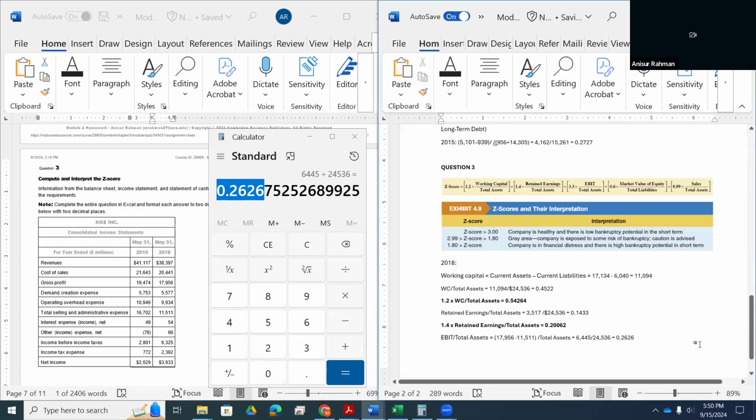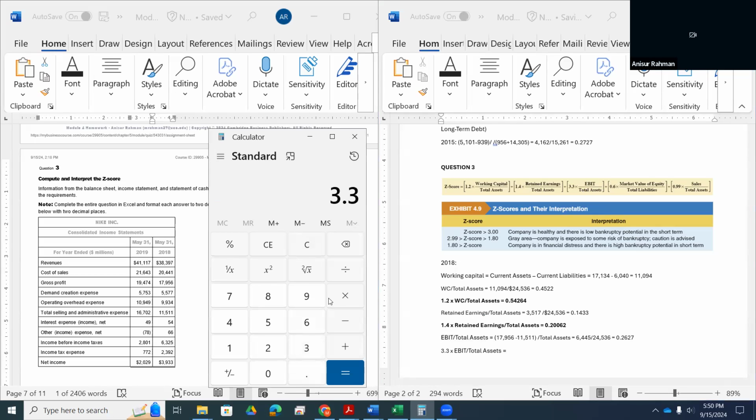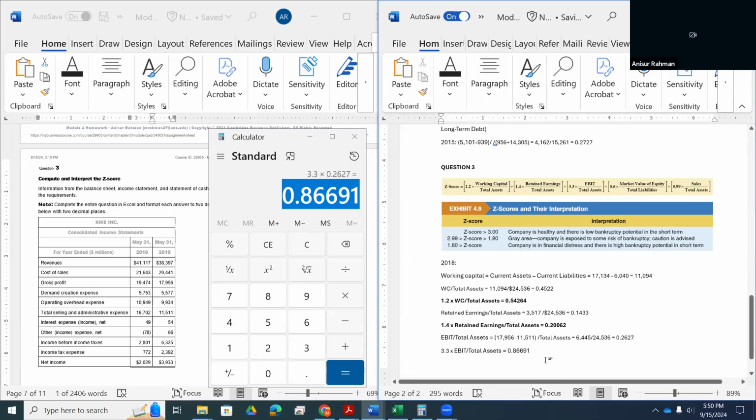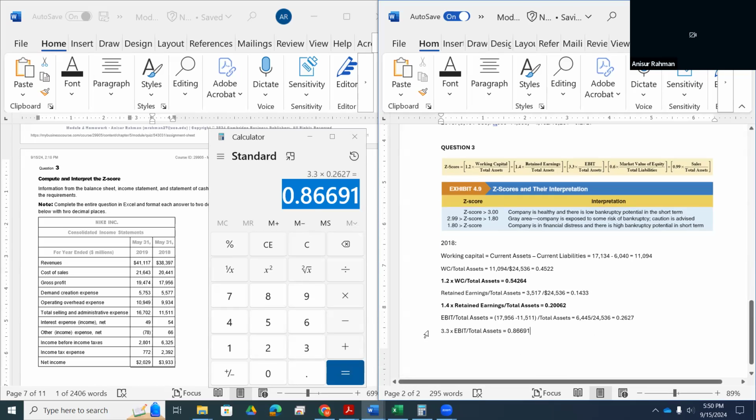So that is 0.2627 to 4 decimal places. Now we take this number and multiply by 3.3. So which will be 3.3 times this number, 0.2627. Okay. So that is our third calculation.